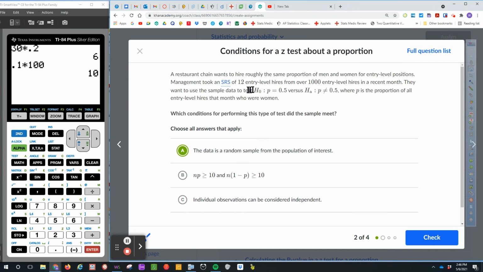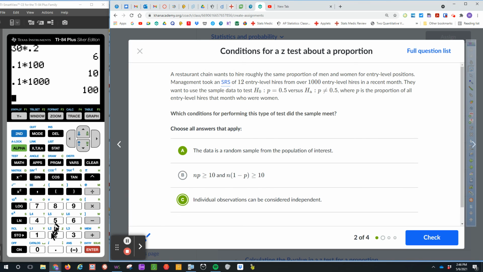We have an SRS of 12 entry level hires from over 1,000. If I take 10%, 0.1 times 1,000, which is the population, I get 100, and I took 12. Since the sample was done without replacement, that works.